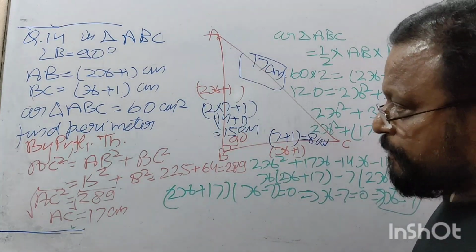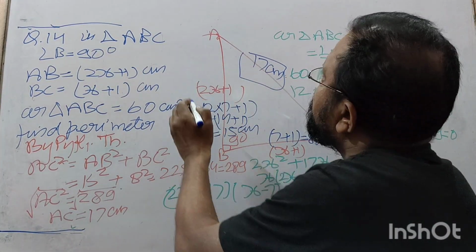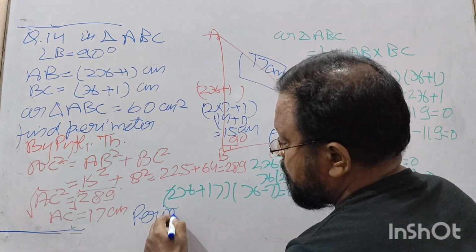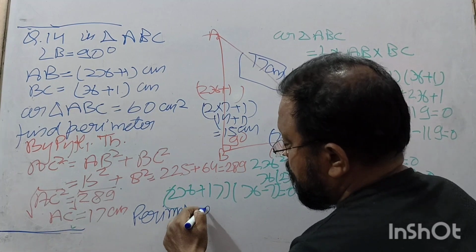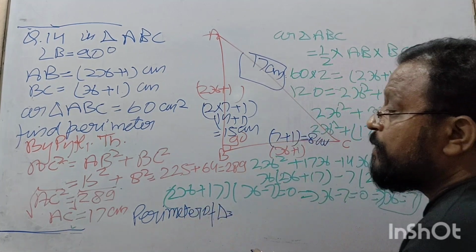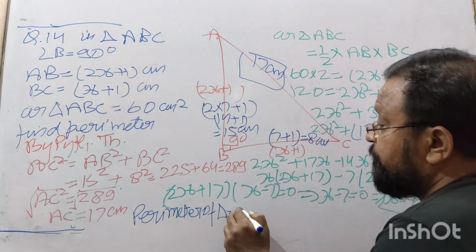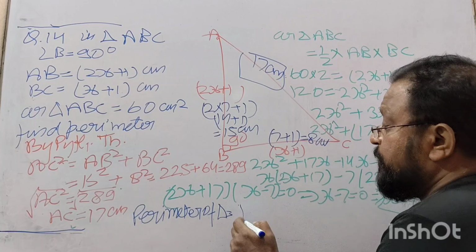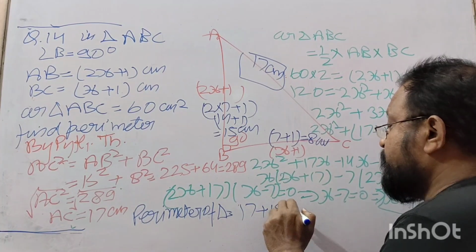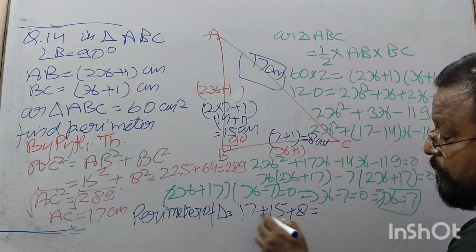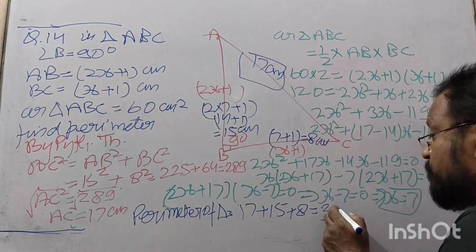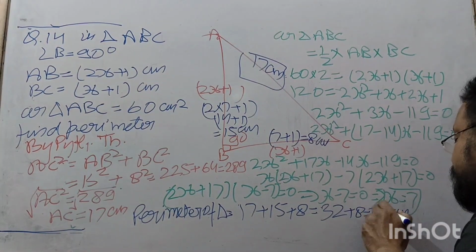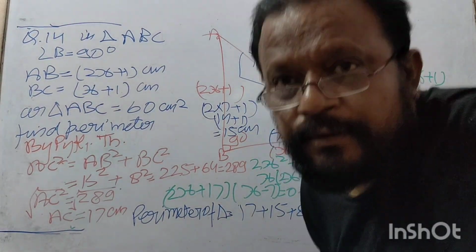So you get the sides of the triangle. So perimeter of triangle is equal to 17 plus 15 plus 8. How much is that? 32 plus 8 becomes 40 centimeter, right?